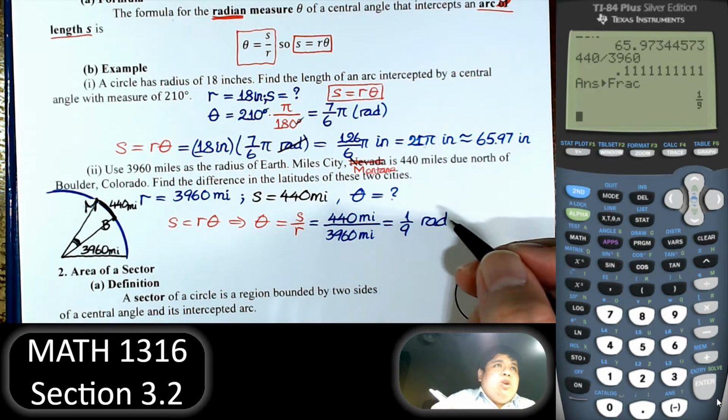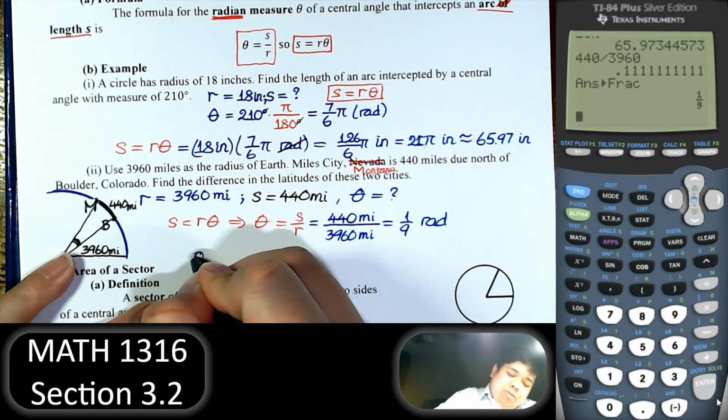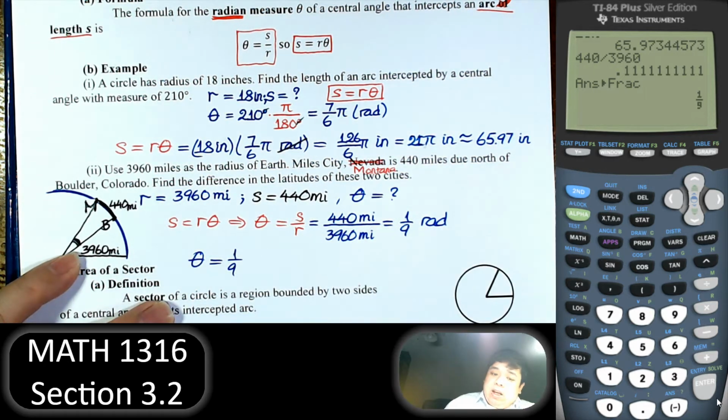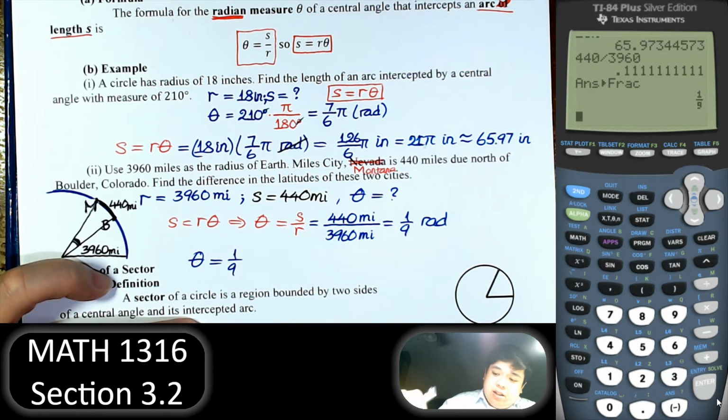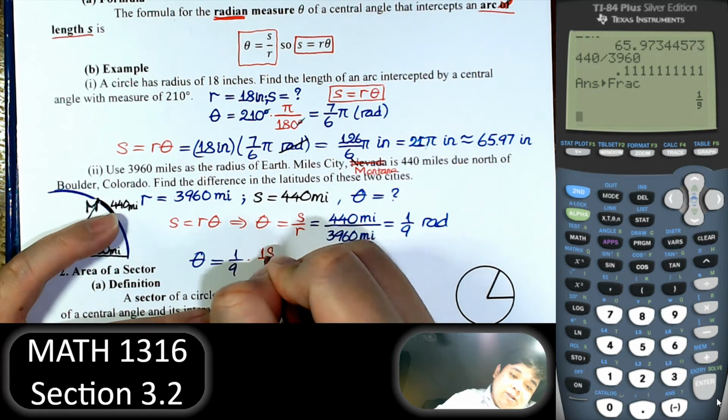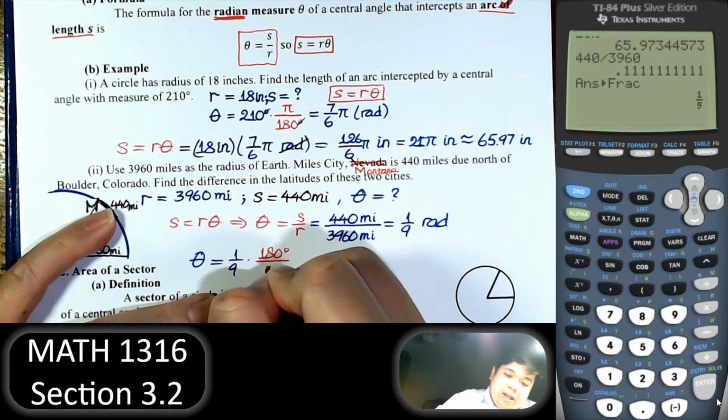But in terms of degree, what is that? So it is 1/9. We don't even need the radian. If we want degree, multiply by something that has degree on top and divide by pi.